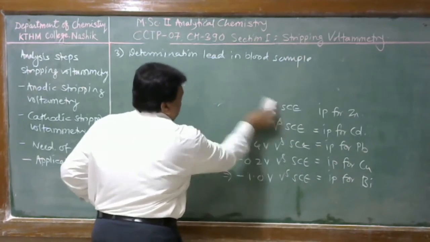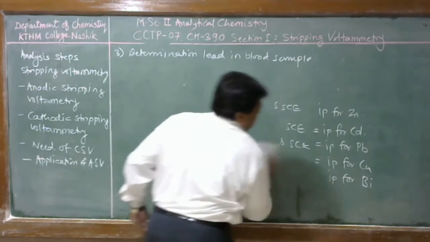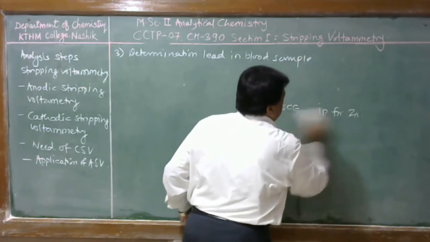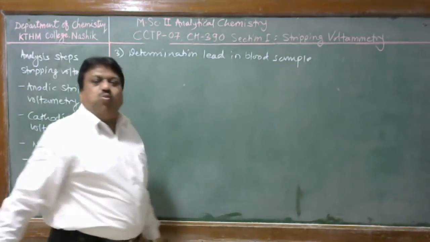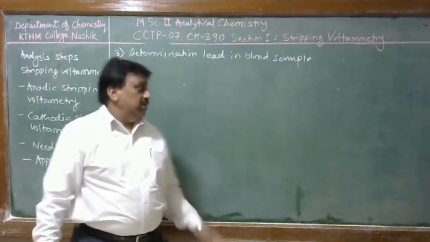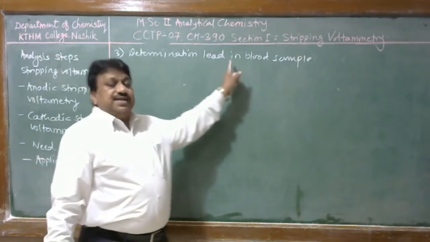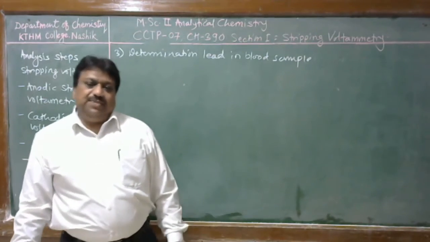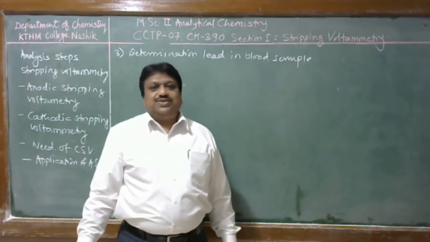We know that lead will be reduced or oxidized at potential minus 0.4 volt versus saturated calomel electrode. Therefore, we can determine trace concentration of lead in blood sample by means of stripping voltammetry.